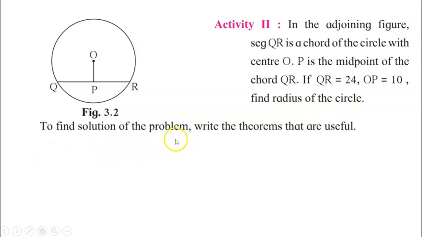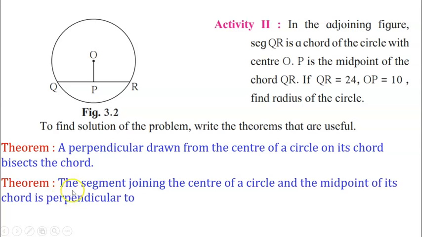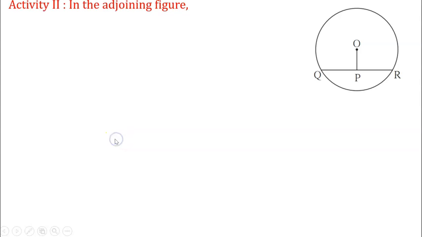To find the solution of the problem, write the theorems that are useful. The first is, a perpendicular drawn from the center of a circle on its chord bisects the chord. Second, the segment joining the center of a circle and the midpoint of its chord is perpendicular to the chord. Okay, now we'll solve this activity.